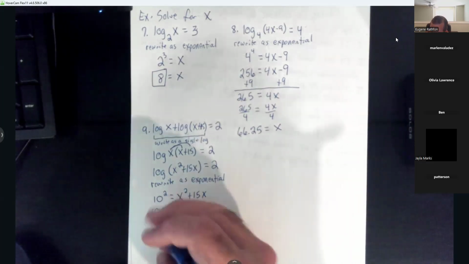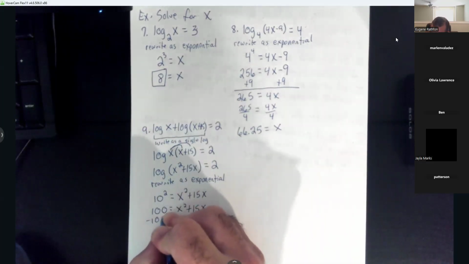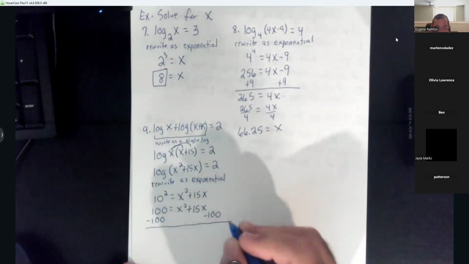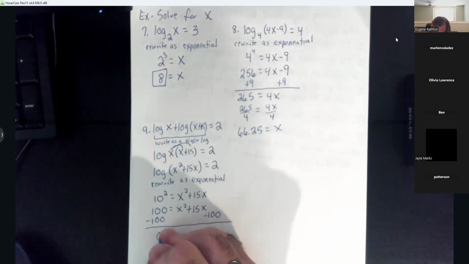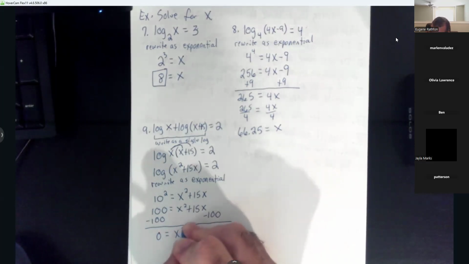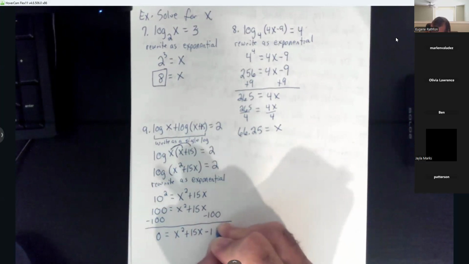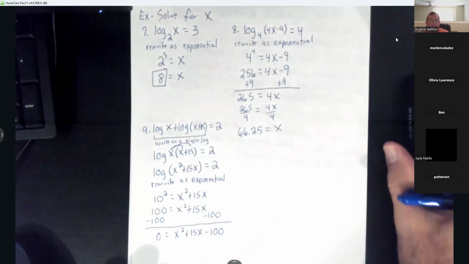So to get a 0 over here, we're going to come in and subtract 100 from both sides. So y'all look at that. I get 0 equals x squared plus 15x minus 100.